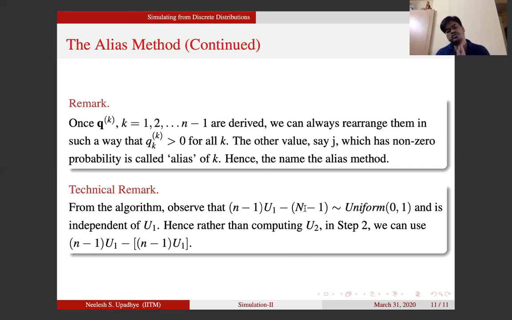This number will be uniform on 0 to n minus 1. If you divide this number by n minus 1, taking n minus 1 common, this particular thing is actually uniform over 0, 1.